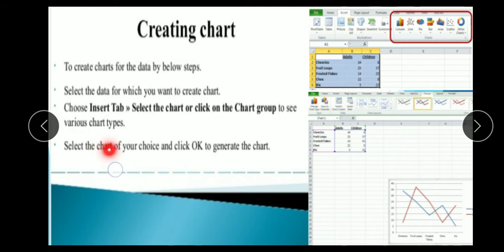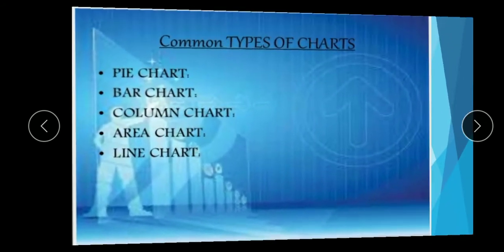Select the chart of your choice and click OK to generate the chart. After selecting, your chart shows in this form. So by this method you can easily create a chart of your data series.